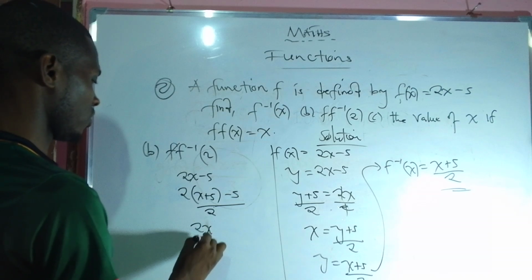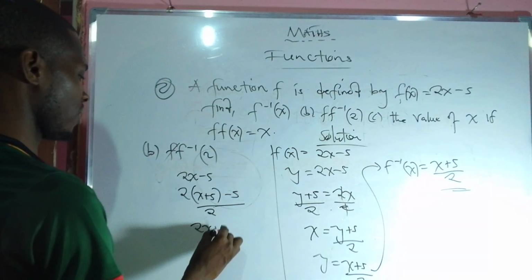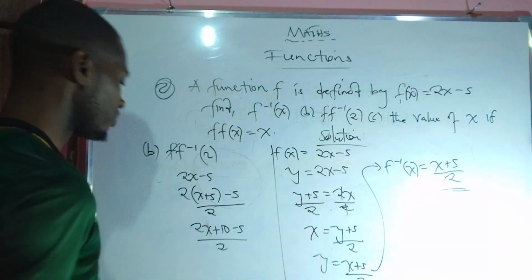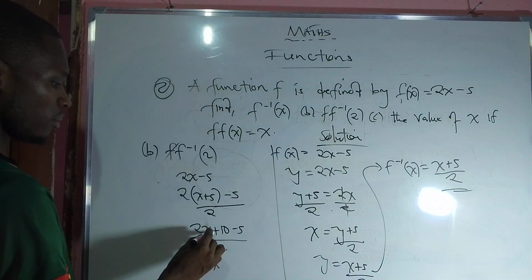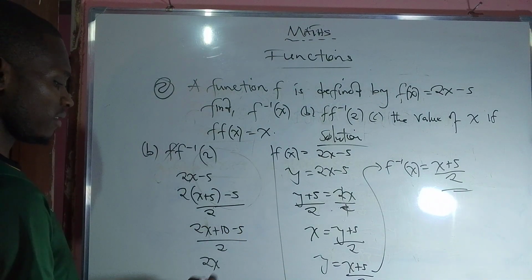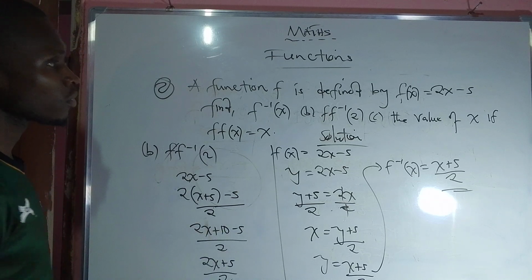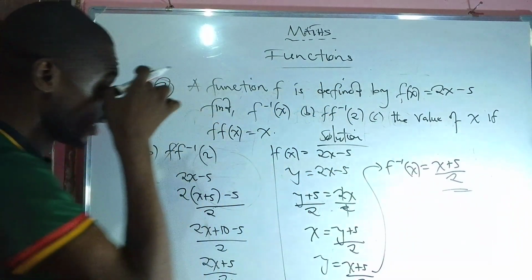We're having 2x plus 2 times 5, I'm getting 10, minus 5, over 2. So 2x positive, 10 minus 5, we're getting positive 5 over 2. So this part without the 2, we are done.